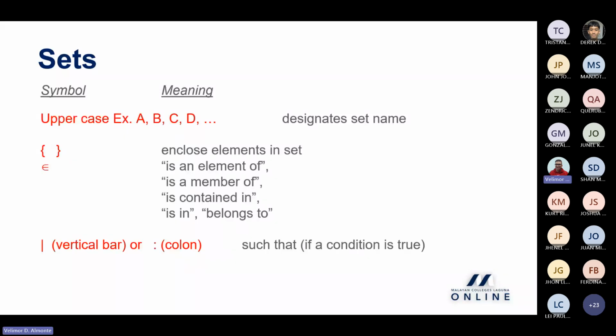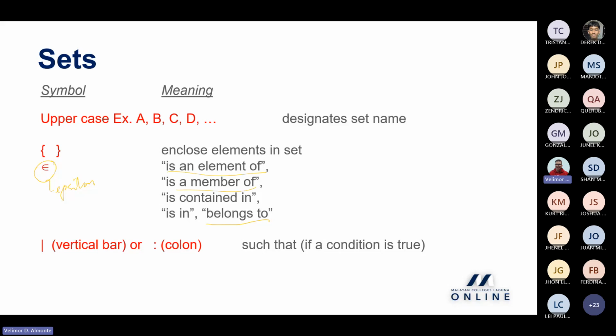Mathematics is also an abstract language or symbolic language. Here are some symbols. Again, English letters to denote a particular set, curly brackets to enclose the elements. This is the Greek letter epsilon. This is used to replace the phrase: it belongs to, is an element of, is a member of, referring to the element.